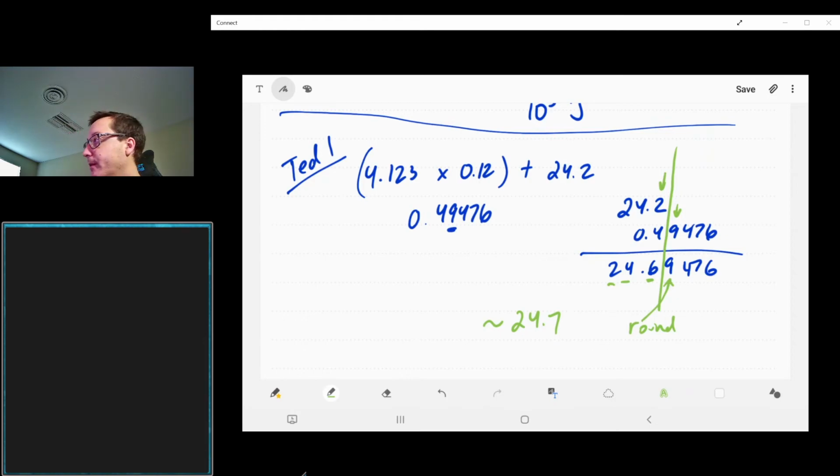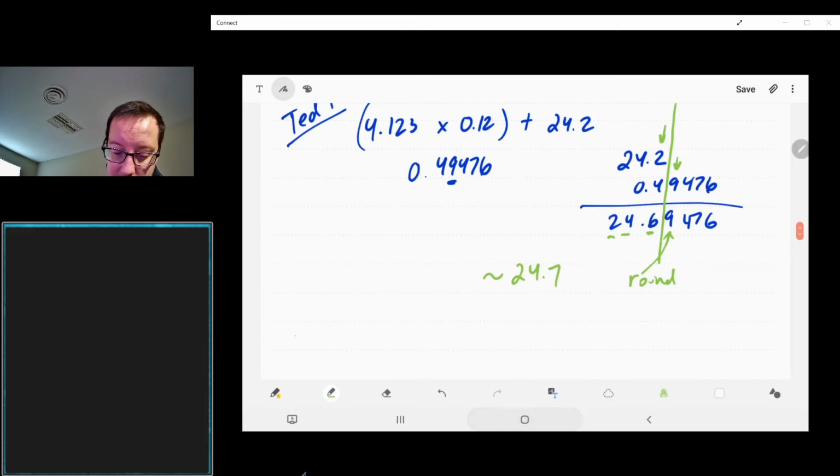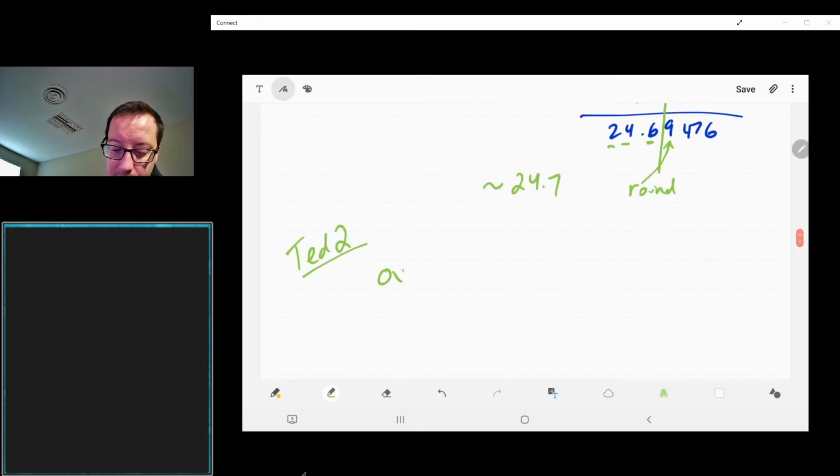All right, the last one we have here, 1 mole of oxygen gas. Apparently we're going to do TED 2 in green. We're really just asking what's the molar mass of oxygen gas. I see you've put 16. Don't forget, oxygen gas is O2, right?